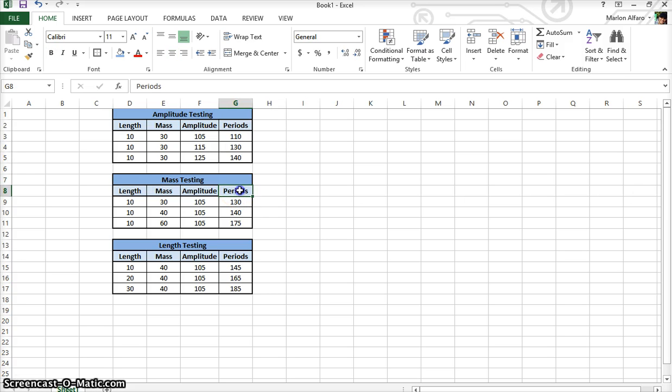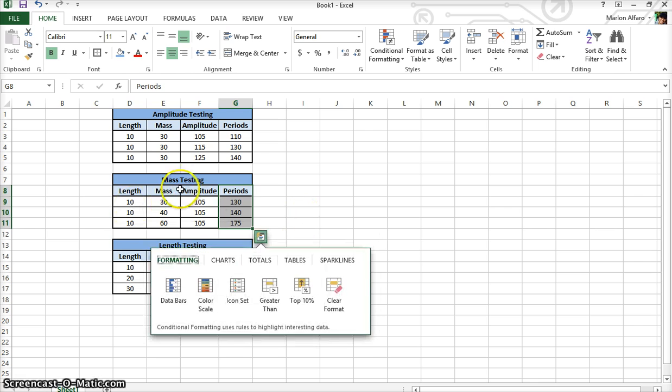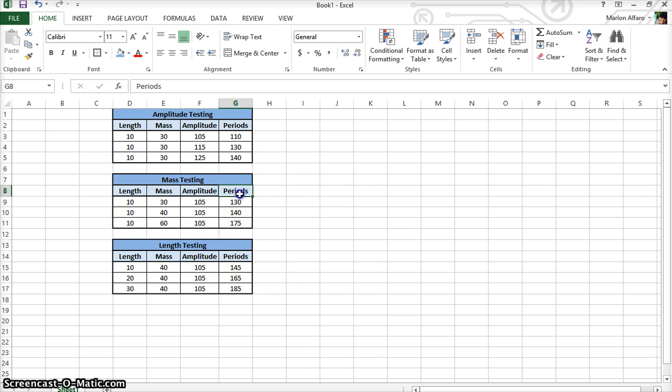For instance, if I wanted to highlight periods and mass, I can do that by dragging the mouse over periods, holding the control key, and then dragging over mass as well. So let's go back to here. I want to graph periods and I want to graph amplitude.